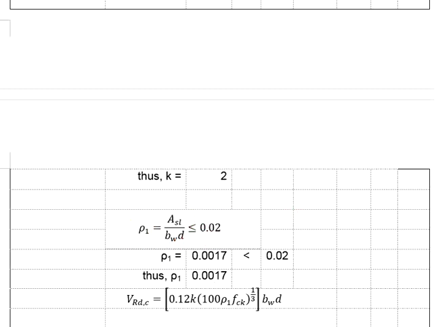Now, if you encounter in your calculations that your rho 1 is more than 0.02, you might need to recheck your calculations, unless your slab is heavily reinforced. Otherwise, the ratio will not be more than 0.02. Since the calculated ratio here is 0.017, less than 0.02, you will use it in the equation.